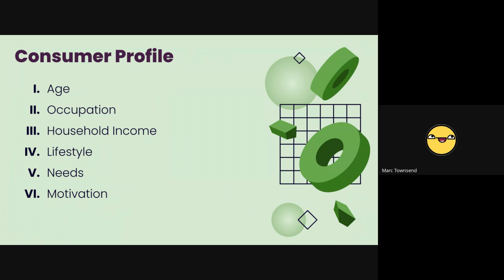For household income, we said 50K or more, and also for the same reason, we wanted to emphasize that our target customer is anyone except in extreme cases. For lifestyle, we said that they needed to have an average or above average consumption of commercial products. And for motivation, we said that they needed to care enough about the environment to purchase the product.